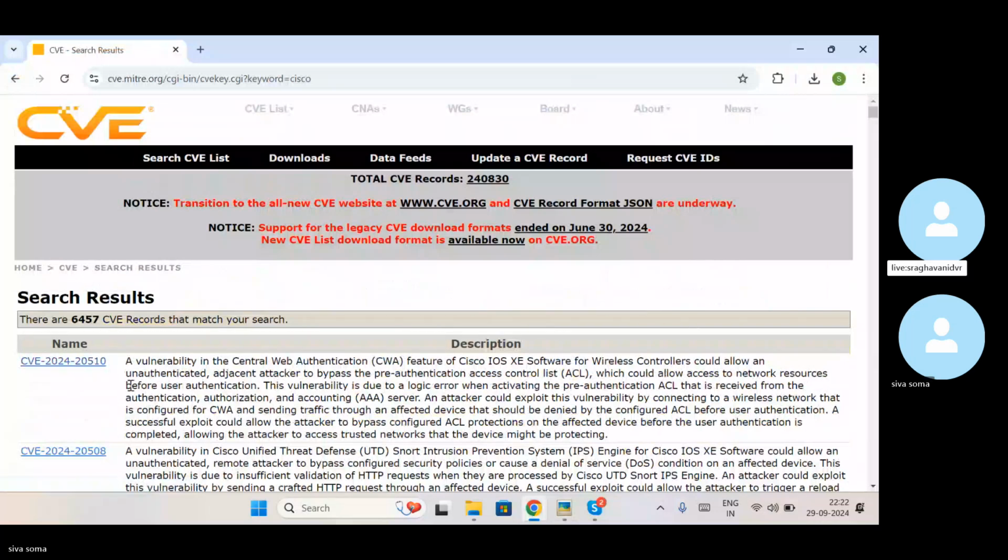CVE means Common Vulnerabilities and Exposures; in the year 2024, this is the number of vulnerabilities found. This way you learn the vulnerabilities present right now.